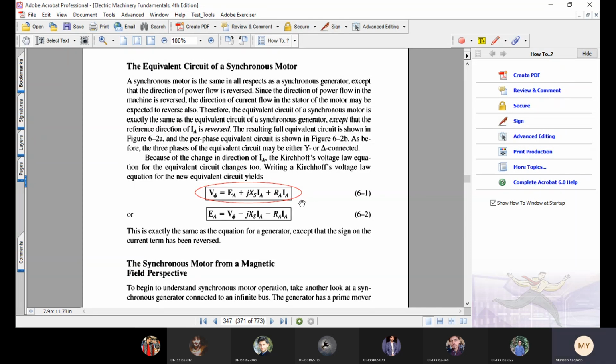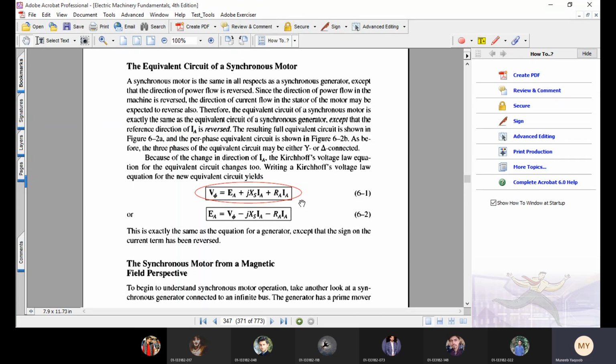If you recall in chapter 5, we used to write V5 equals EA minus XSIA minus RAIA. But here, when the machine is acting as a motor, we are writing EA plus XSIA plus RAIA.